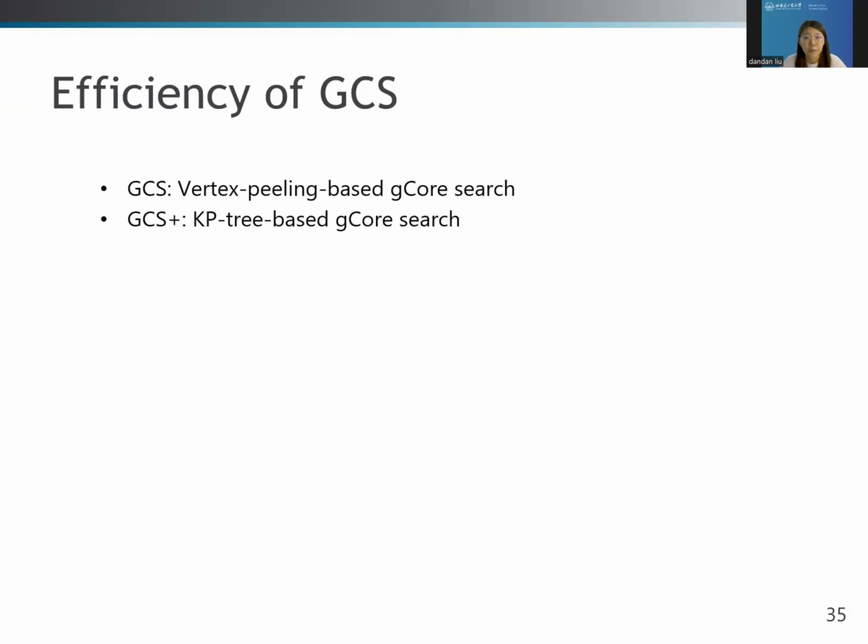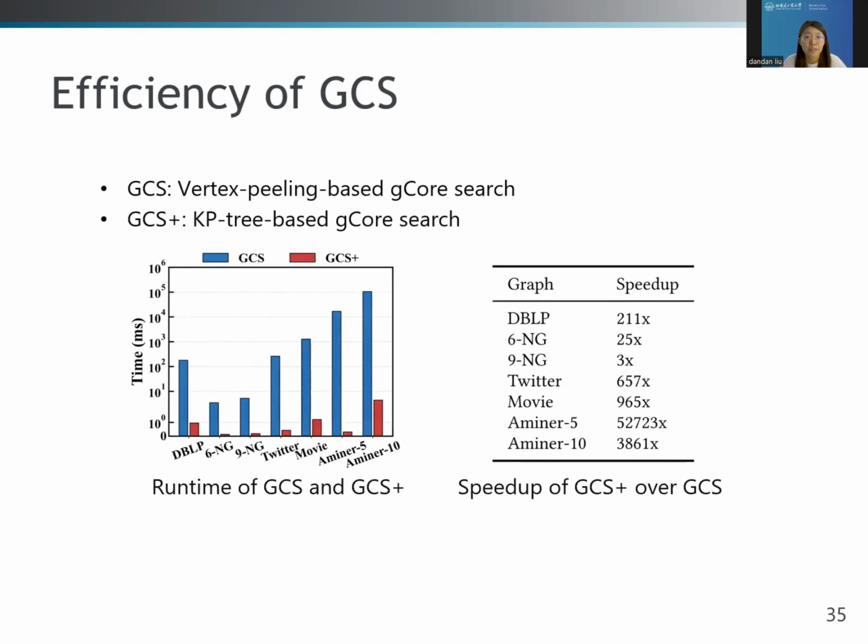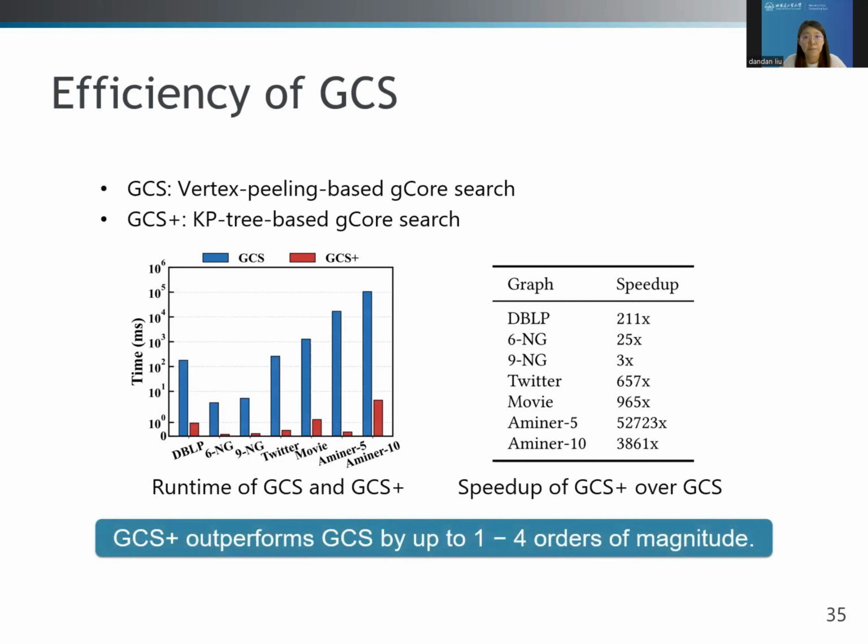Regarding the efficiency of our proposed algorithms, we first compared the 2 G-core search approaches, the peeling-based GCS and the index-based GCS+. We here present the results on 7 general multilayer graphs. It can be observed that, using the KP tree index, GCS+ outperforms GCS by up to 1 to 4 orders of magnitude.